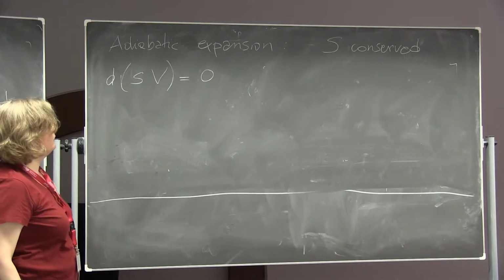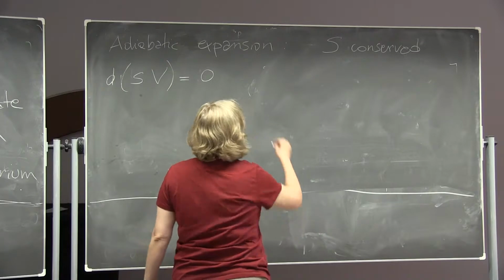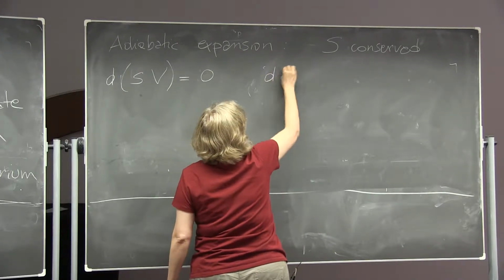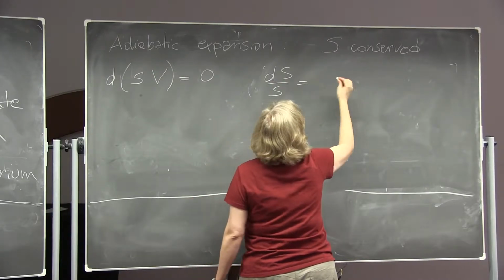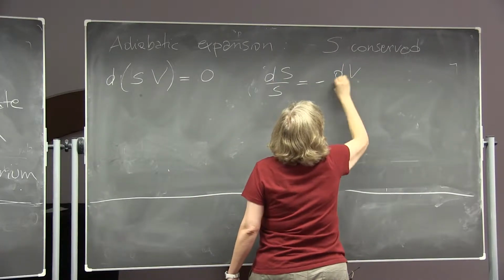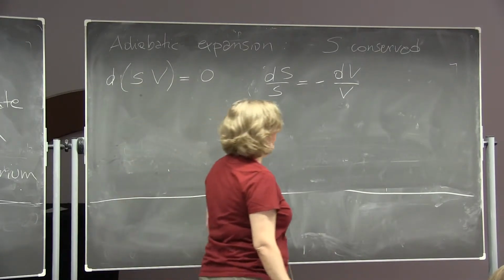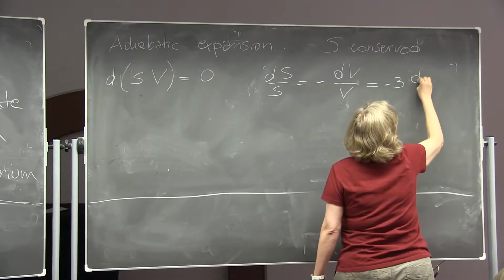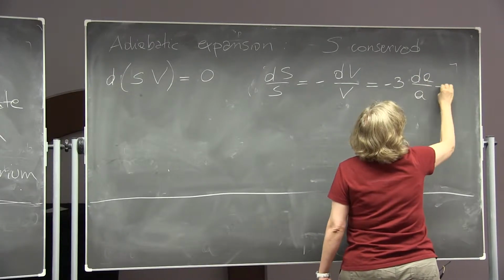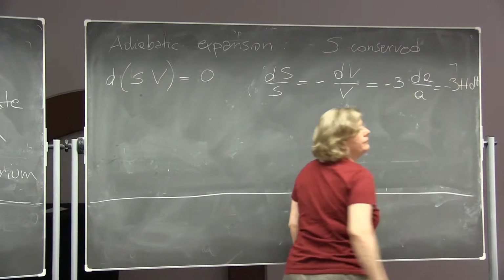From this, we can immediately read out how the entropy density changes with respect to the volume: ds over s is equal to minus dV over V. You can write this in terms of the scale factor, as the usual minus 3 da over a, or minus 3H dt.